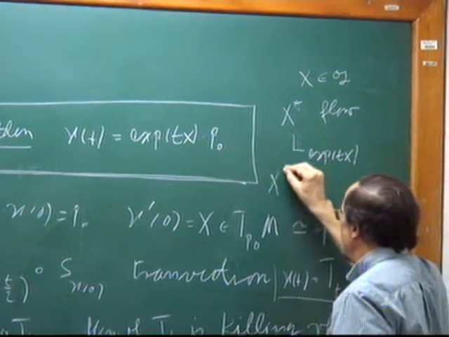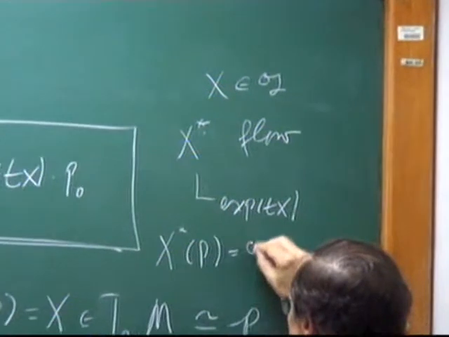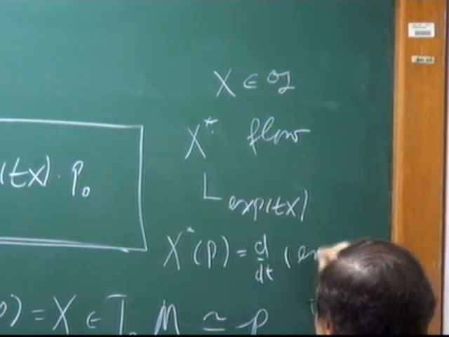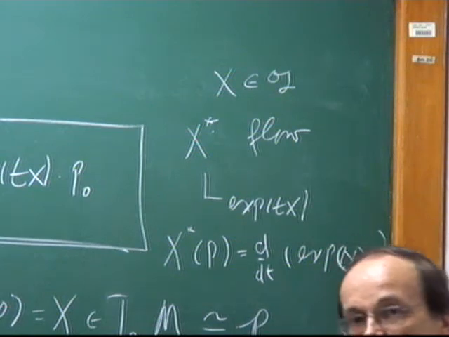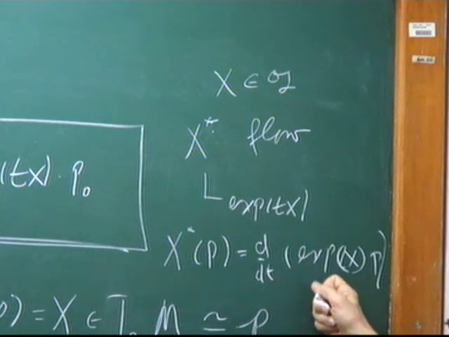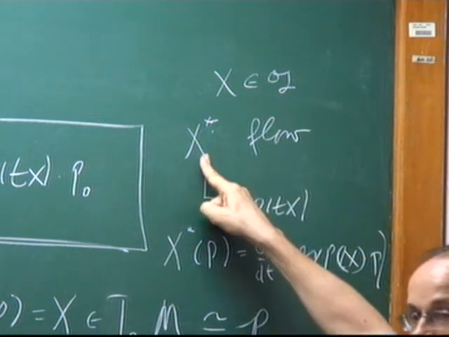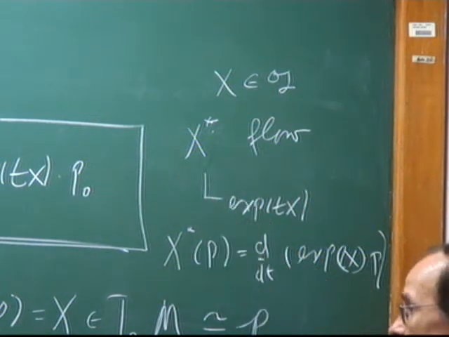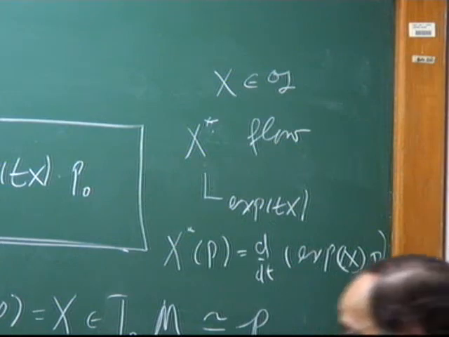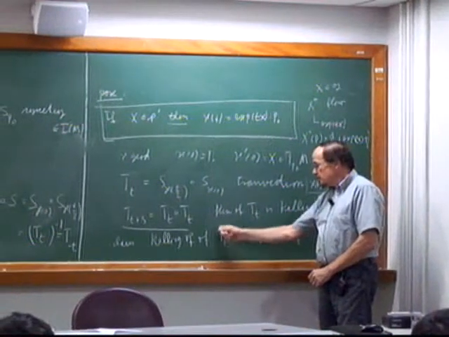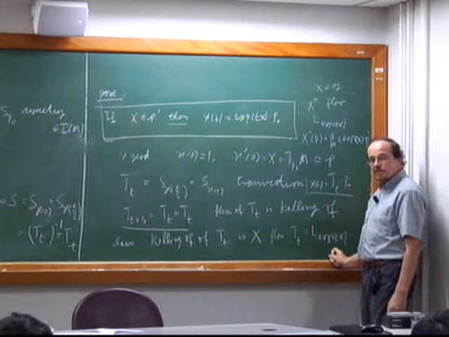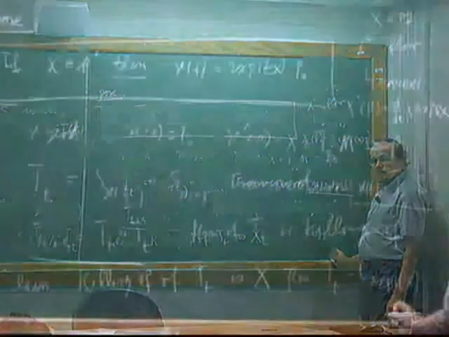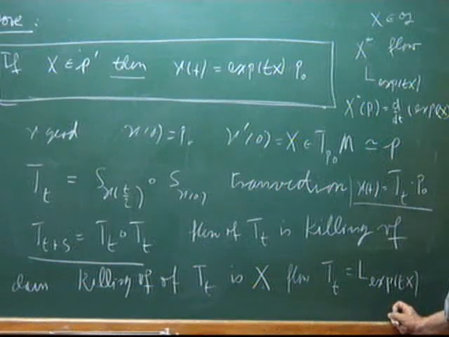X star at any point was take d/dt of exp(tx) times p. This was the definition, right? So that means that these things right here, which are left translations, are the flow of x star. And x was a Killing field associated to this here. So this is the flow of x. On the other hand, for this general fact, this is the flow of x also. So therefore, they're the same.